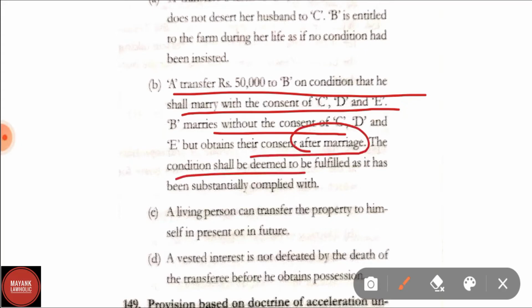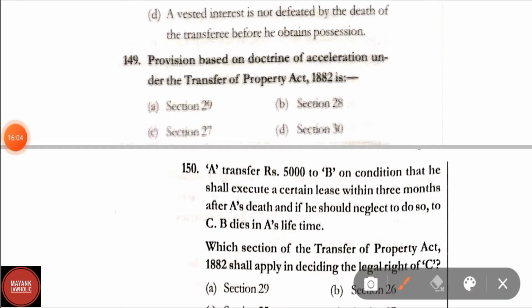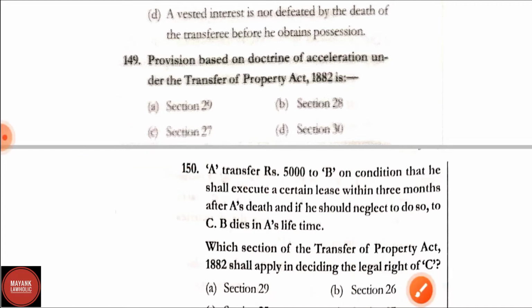The condition shall be deemed to be fulfilled as it has been substantially complied with. This is not the correct statement, therefore it will be the right answer. Question number 149. The provision based on the doctrine of acceleration under TPA is section 27. Doctrine of acceleration, section 27 TPA.